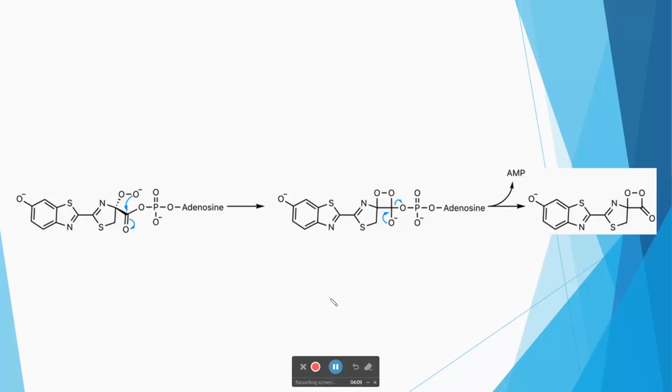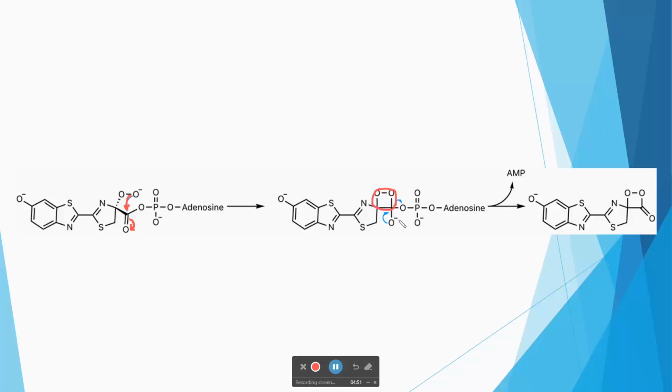The third step in this reaction is characterized by the nucleophilic acyl substitution of the hydroperoxide. And we see that here when the hydroperoxide attacks the carbonyl group of the luciferin molecule, which is susceptible to attack because it's somewhat electron deficient from the pull of electrons heavily towards the oxygen. And so when this hydroperoxide attacks, it pushes the electrons up to the oxygen, leaving it with a negative charge and forming a tetrahedral intermediate that we see right here.